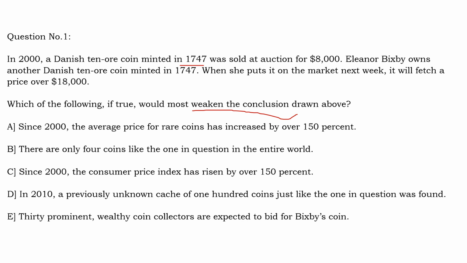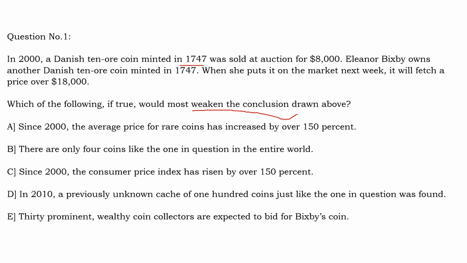We'll see the statements one by one. Since 2000, the average price for rare coins has increased by over 150 percent. This is a rare coin, that is an inference you can get. So if the average price of rare coins has increased by 150 percent, what is the amount she should get for this particular one? You calculate 150 percent of $8,000, that is 8,000 plus 4,000, 12,000.